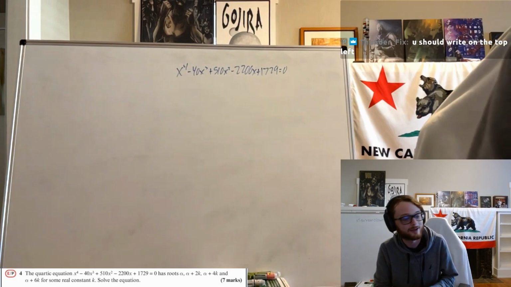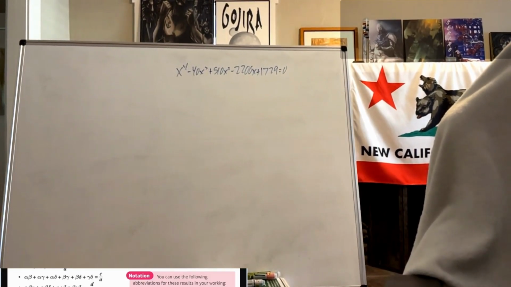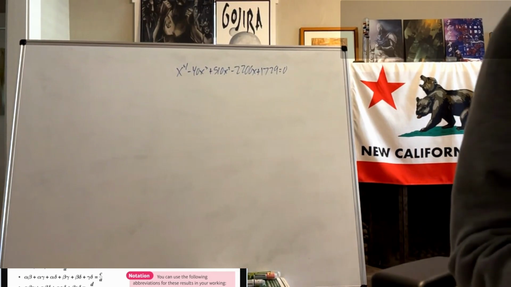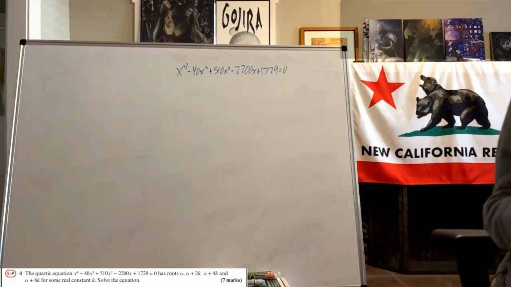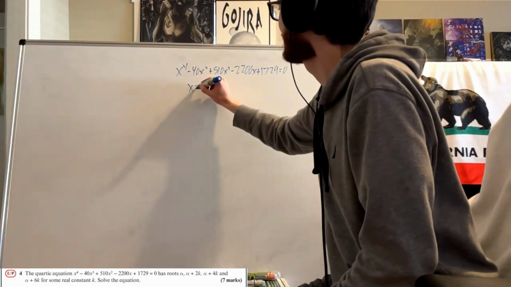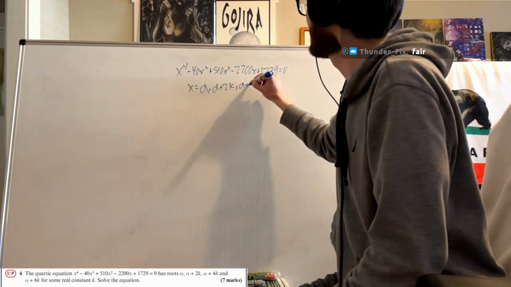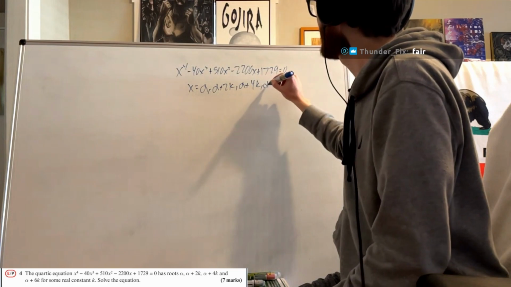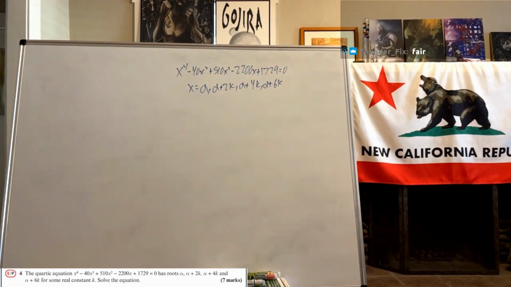Should write on the top left. I should, but I don't feel like reaching all the way over there. Our roots, x equals alpha, alpha plus 2k, alpha plus 4k, alpha plus 6k, right? Right.